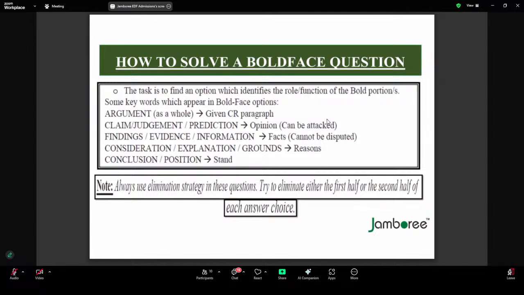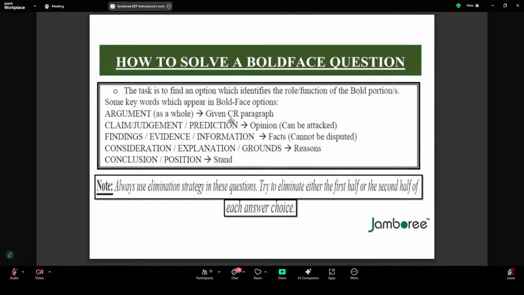Few more words also, like prediction. These can be the argument as a whole, but normally it doesn't always need to be the whole thing. I don't know why they keep saying it's whole. Sometimes a specific part is also called an argument.